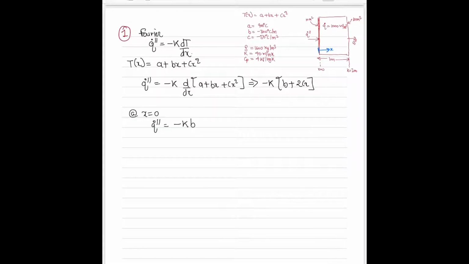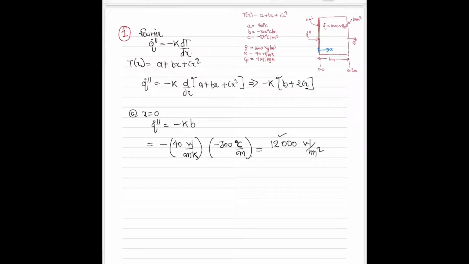At x equal to 0, our heat flux q dot will be minus k b because x is equal to 0, and in our question we have the value of k as 40 watts per meter per Kelvin, and for b we have a value of minus 300 degrees Celsius per meter. So it will reduce to 12,000 watt per meter square.